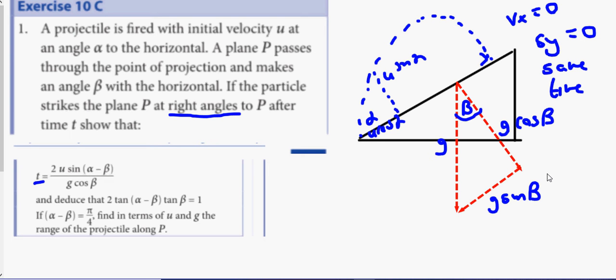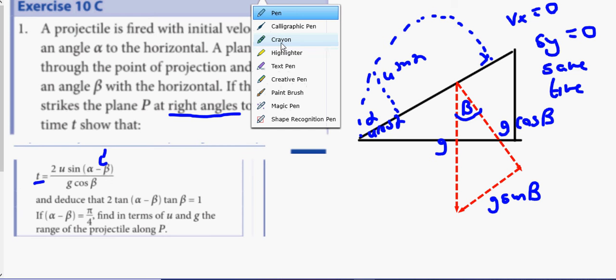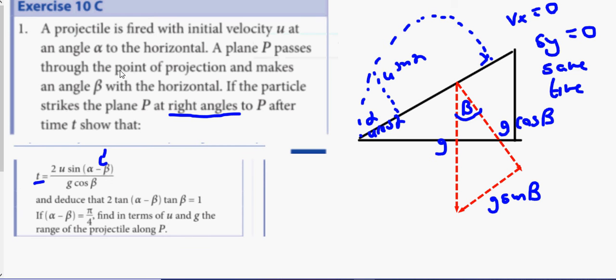Oh, excellent. That would explain the alpha minus beta. It is indeed. Well done. Sorry guys, if you look at the keywords here, it says angle alpha to the horizontal. So that's actually not alpha. Alpha would be these two angles combined.